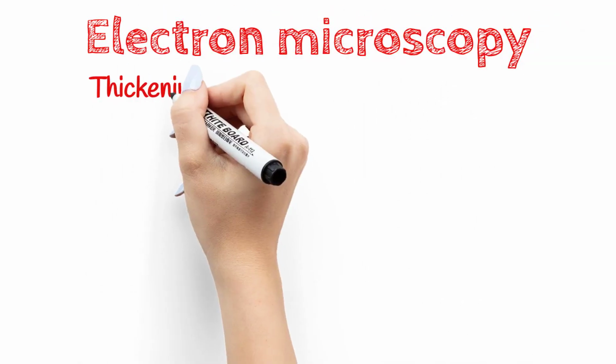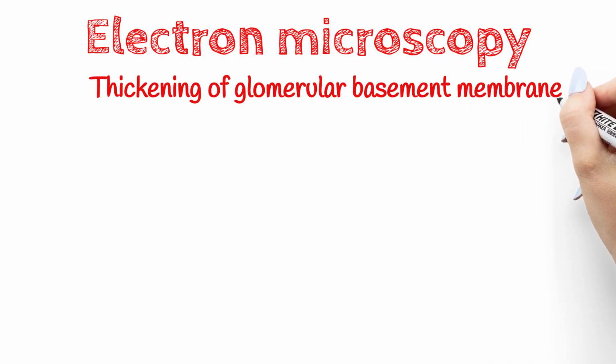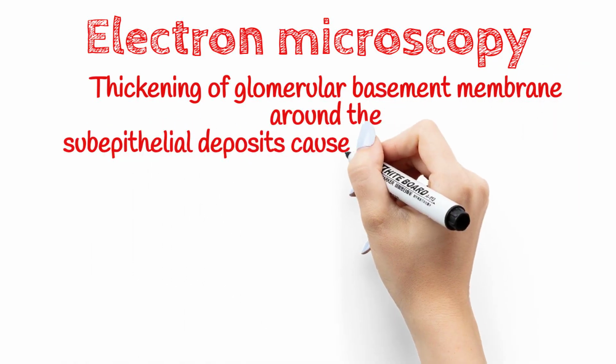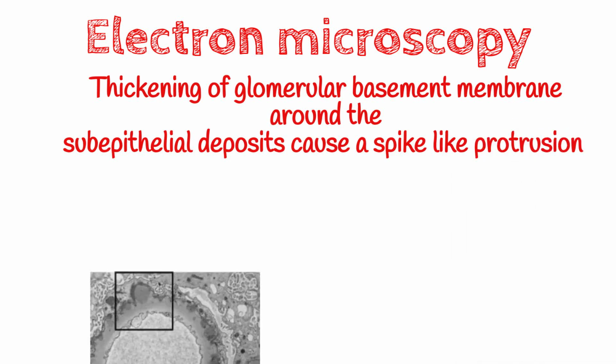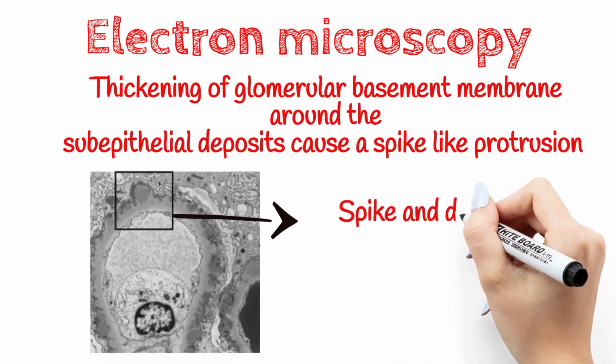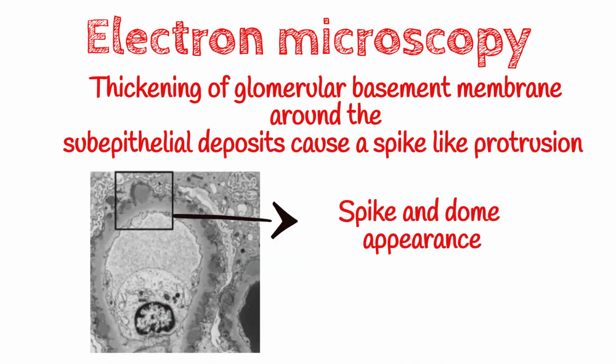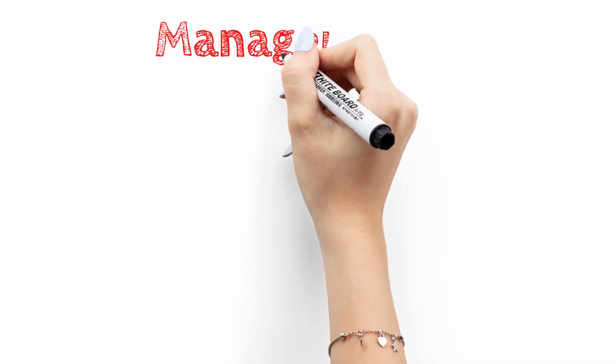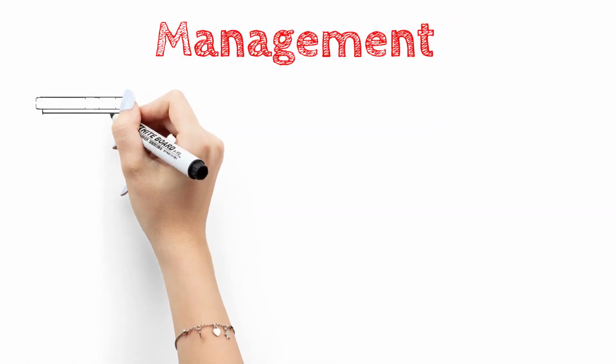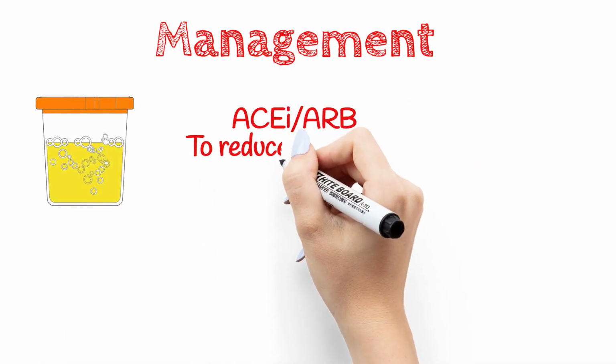Thickening of the glomerular basement membrane around the subepithelial deposit causes a spike-like protrusion, resulting in a spike and dome appearance in electron microscopy. Patients with membranous nephropathy are given ACE inhibitors or ARBs to reduce proteinuria.